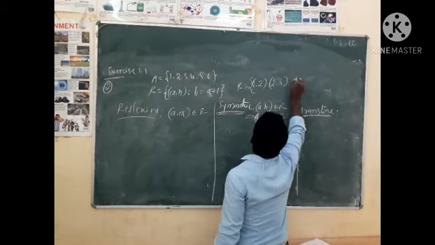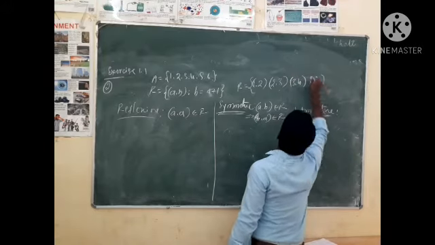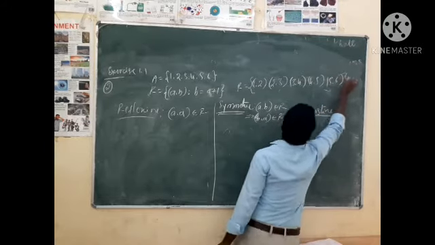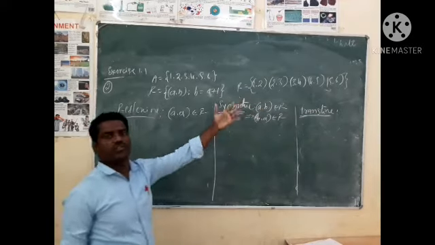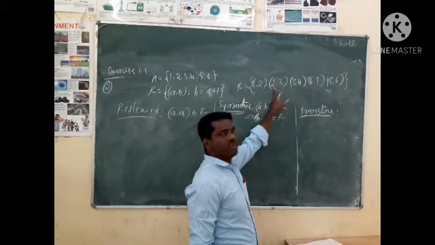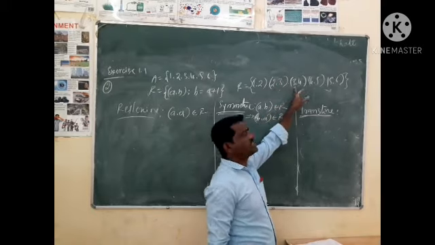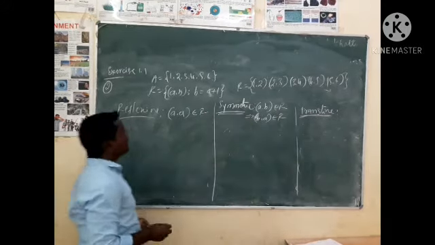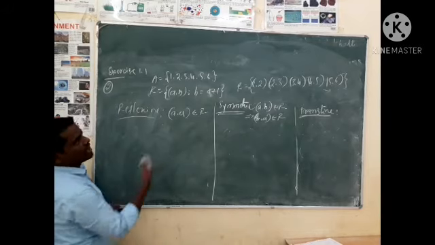Next (3, 4), next (4, 5), next (5, 6). These are the ordered pairs. When the x value is 1, automatically the y value is 2; if x is 2, y is 3; if x is 3, y is 4, and so on.